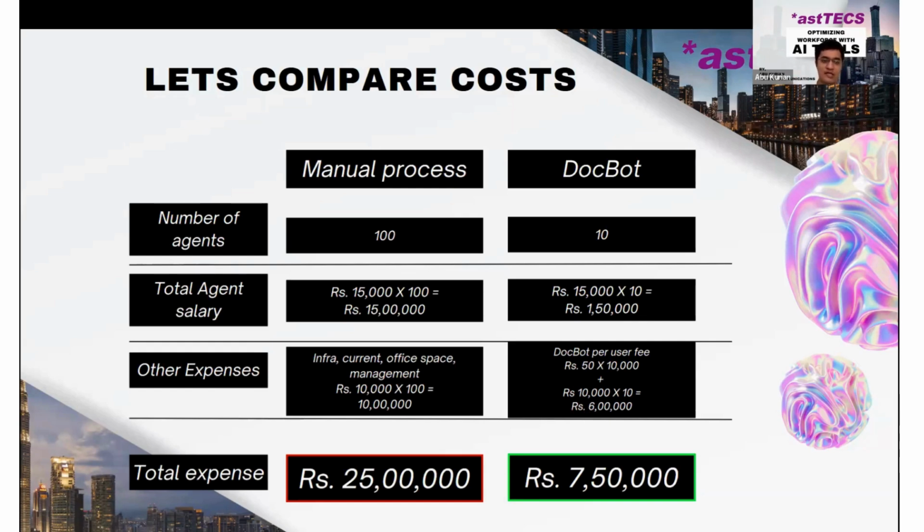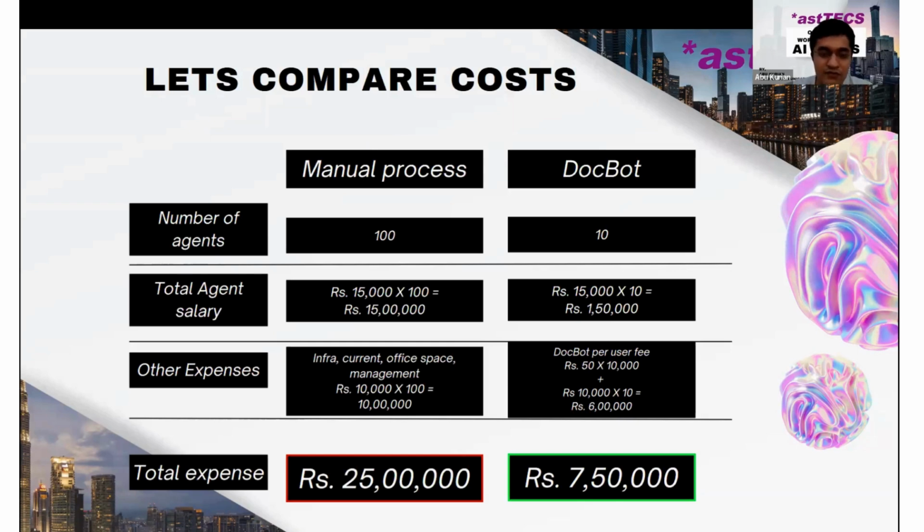Again, your total expense in the manual process would increase, but that same expense would not reflect in your Docbot, except the salaries for these 10 people. So where is a 15 lakh increase every month, 15 plus maybe 10, 25 lakh increase every month, compared to a 1.5 lakh increase every month, because the Docbot can charge per document collection.